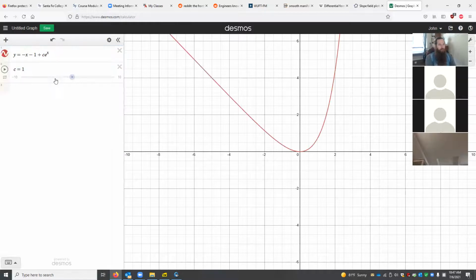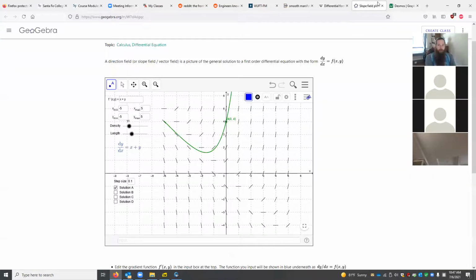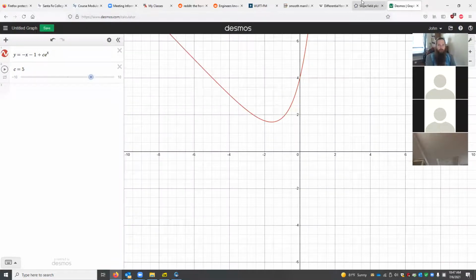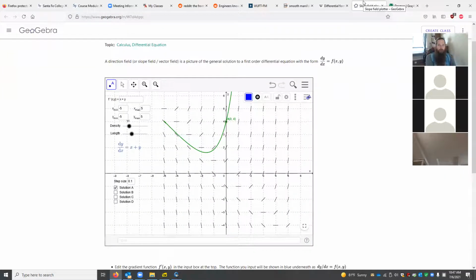But depending on the value of C, you see we're getting solutions that look like this. One of those values of C is going to send me right through here. All right, maybe it's 5. Looks like it's 5. Neat, right?